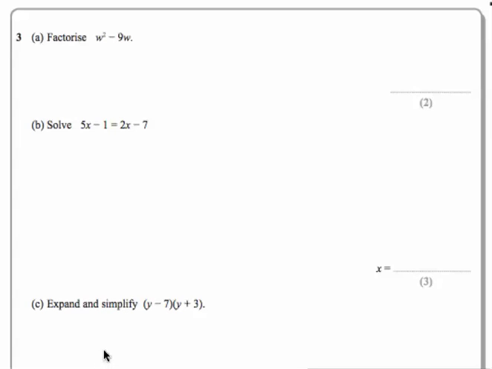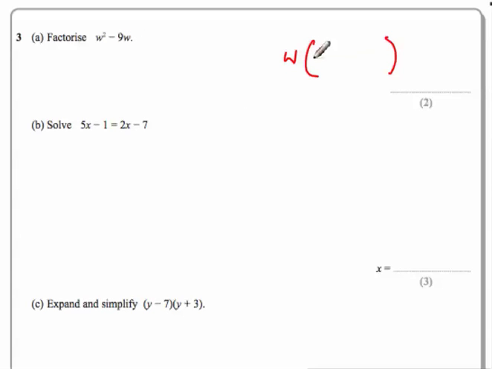Question 3 is a factorisation question, and they're asking us to factorise this, and that means putting it into brackets, doesn't it? So we'll put the brackets in. Okay. And we've got to work out what the common factor is. What goes into w squared and 9w? Well, the answer is w. W goes into w squared, and it also goes into 9w.